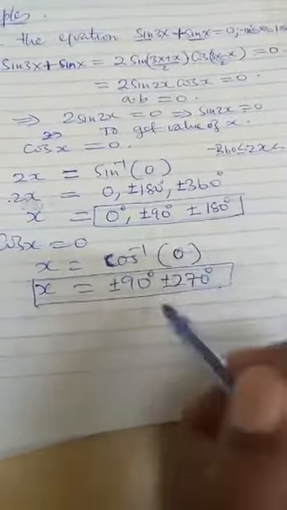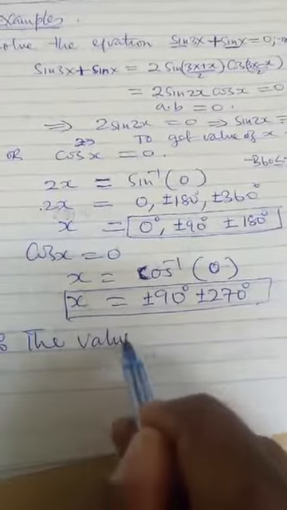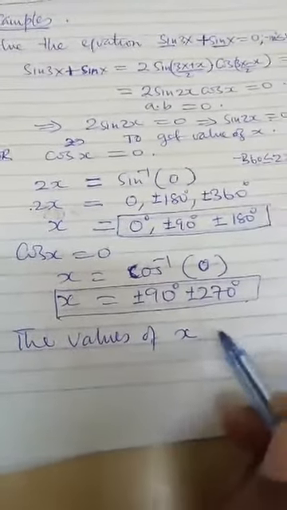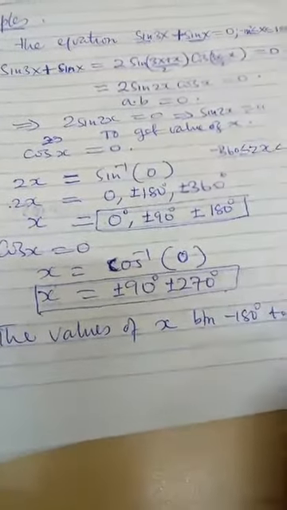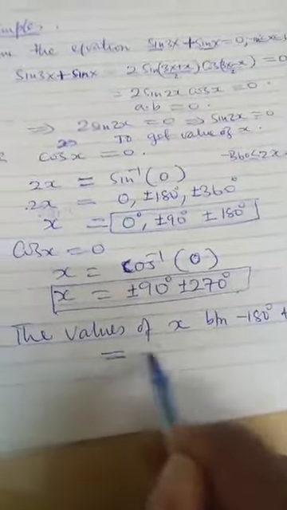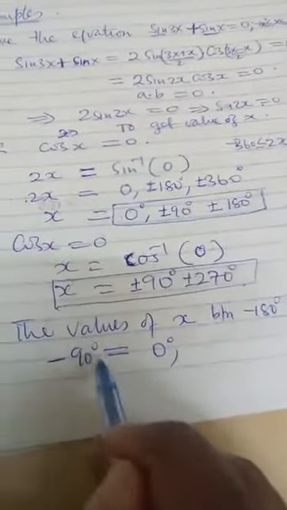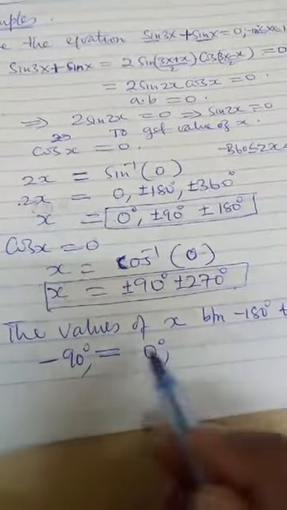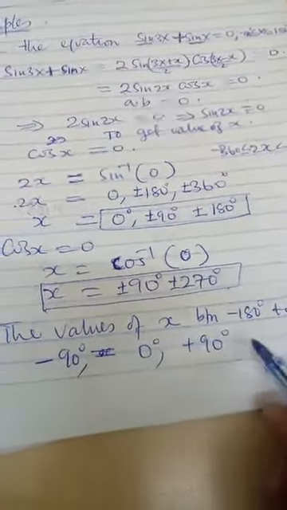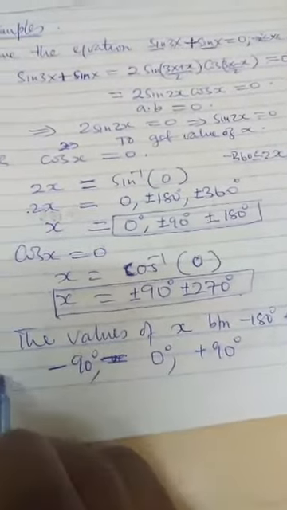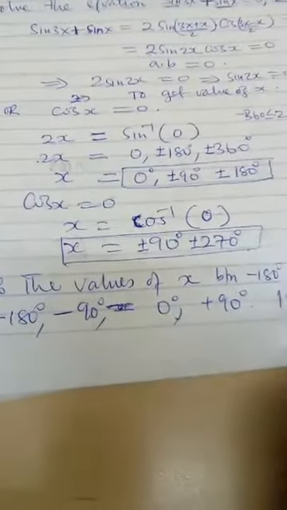Then we conclude and state that the values of x between negative 180 and positive 180 degrees will be: negative 180, negative 90, 0, 90, and 180.